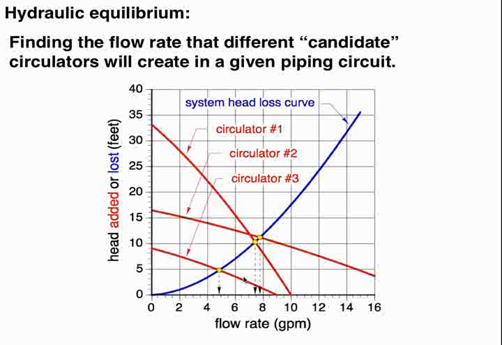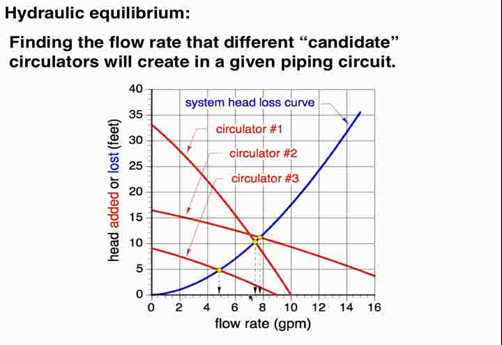Here's an example where I've plotted 3 different pump curves, the red curves. I just label them circulator 1, 2, and 3. These are different models, for example, from a given manufacturer, and there's a single system head loss curve there, and you can see that the intersection points are different. Let's start with circulator number 1.